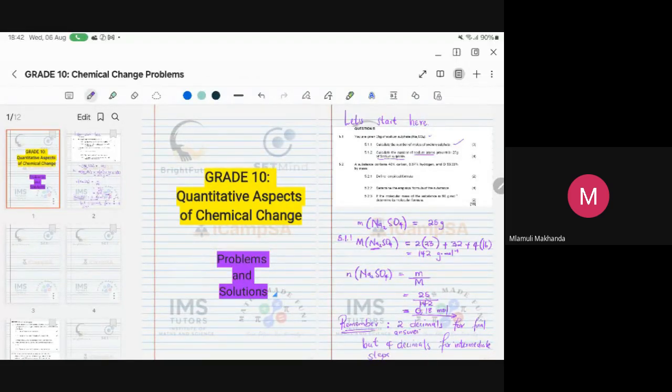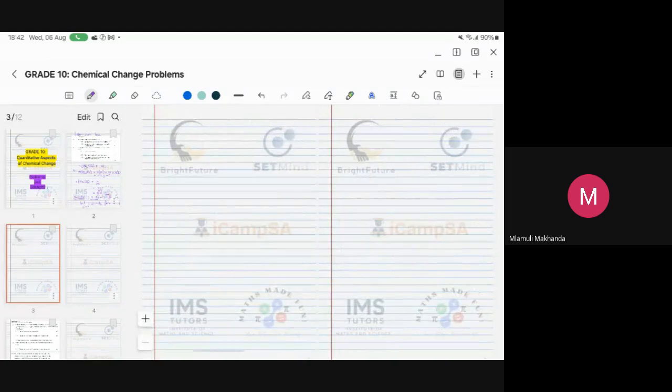Now, we are required to find the number of sodium atoms present in this particular compound. Good, let's go there. 5.1.2. We know that the number of moles of sodium sulfate is 0.18 mole, right?